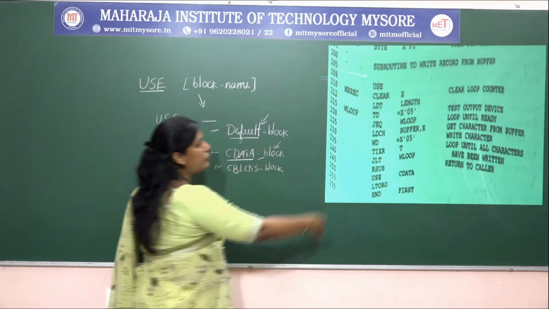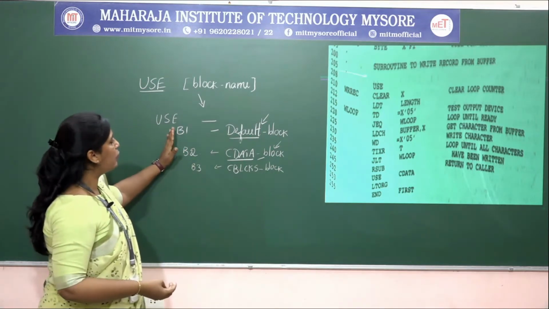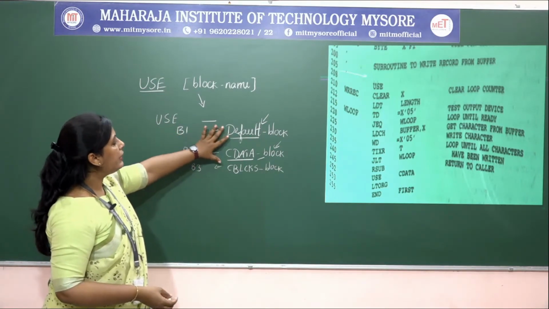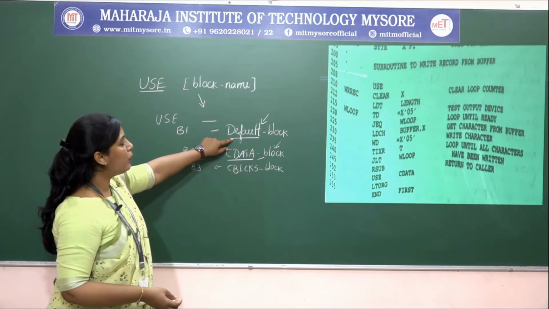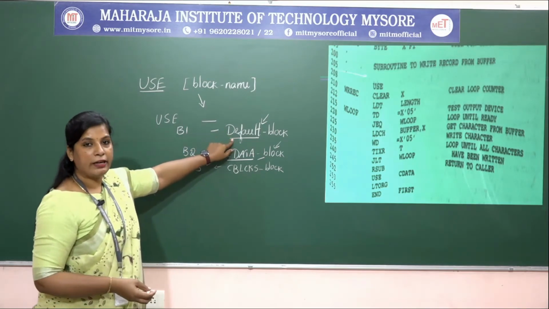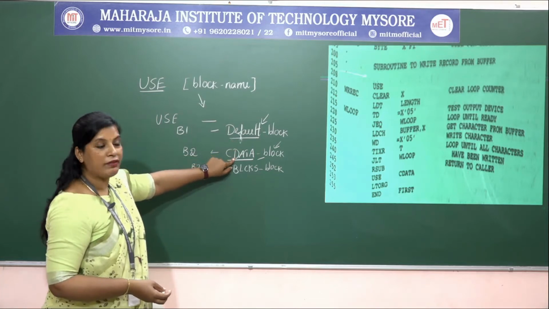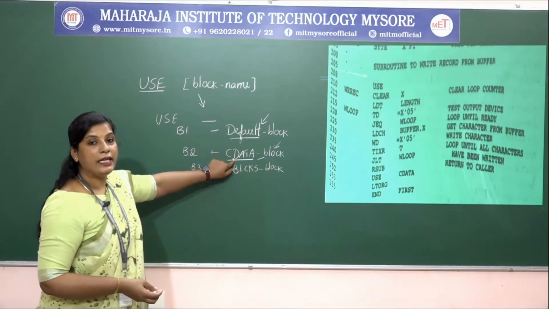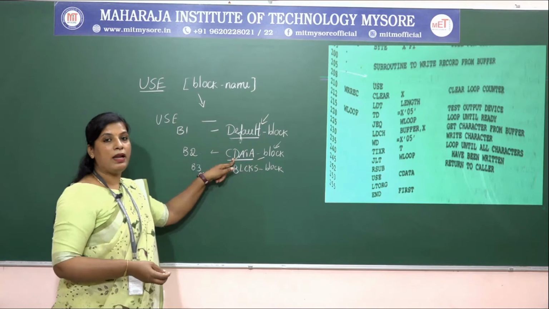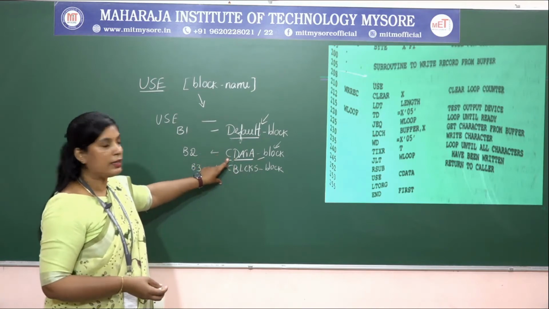So it is going to process that. For this program it is going to create 3 different kinds of blocks. The default block has only the set of instructions of that program. The CDATA has the data variables and the literals used in that program.